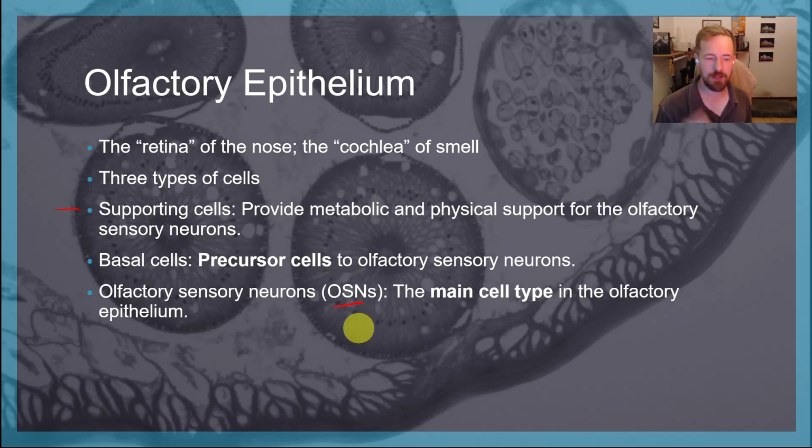They are going to be what really detect, what kind of grab a hold of the odorants in the air and recognize it, and then based on the pattern of that odorant, turn it into an electrical signal that we call an action potential, and then communicate that up to the brain. The basal cells, don't worry too much about the basal cells. They're just kind of like precursor cells that kind of help support the olfactory sensory neurons as well.